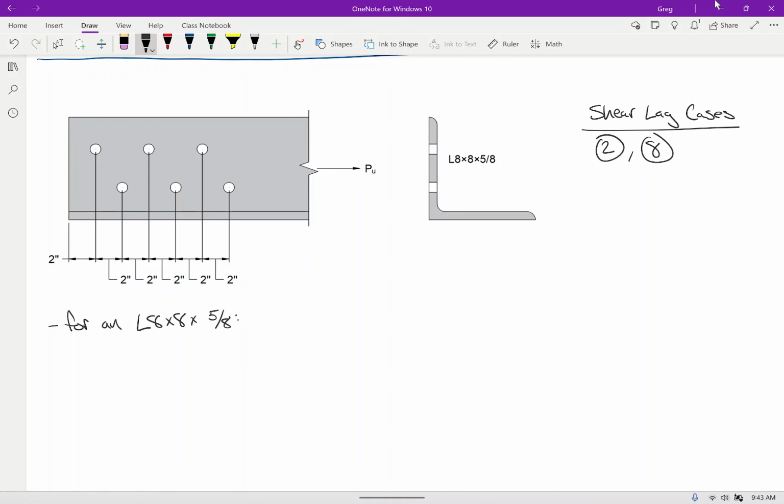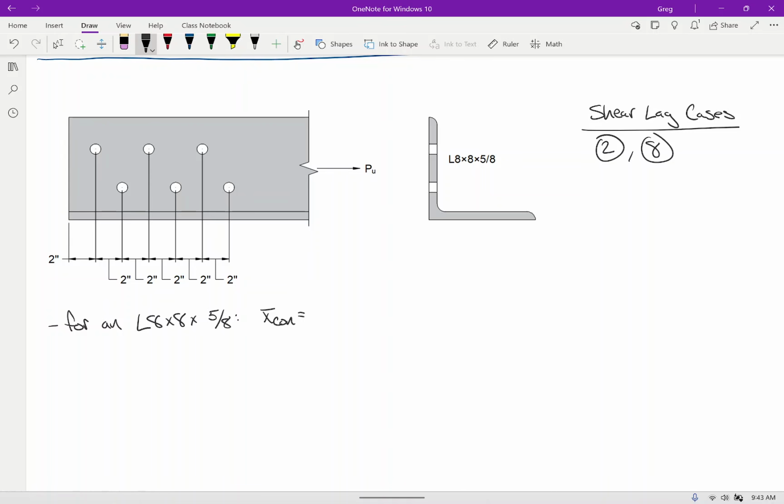Now, for an angle, we need to look at X bar. I should ask whether we need to look up X bar or Y bar. But has anybody noticed something about X bar and Y bar for the L 8 by 8 by 5/8? They are the same.